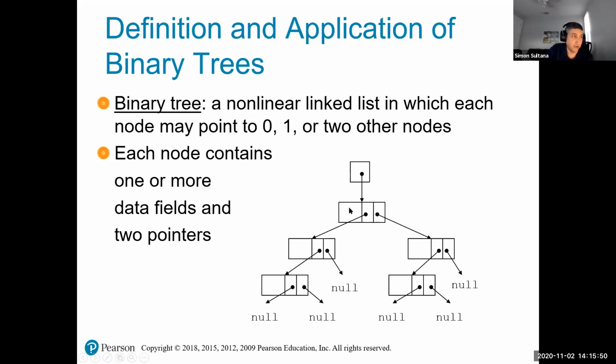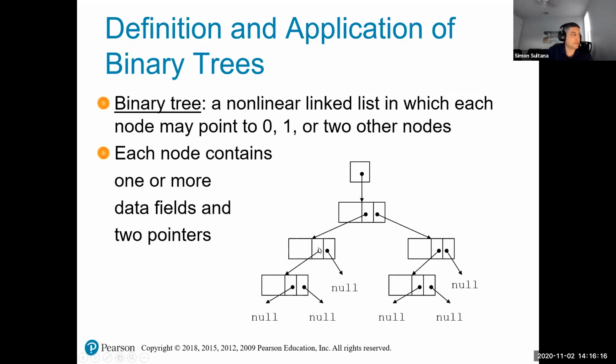We can split off at this top one into a left and a right node, for example, and that can be split off into a left. And you can see some of these have no nodes connected to them. So this guy here at the bottom, I think you can see my cursor, is not connected to any. This one up here is obviously connected to the one right below it.